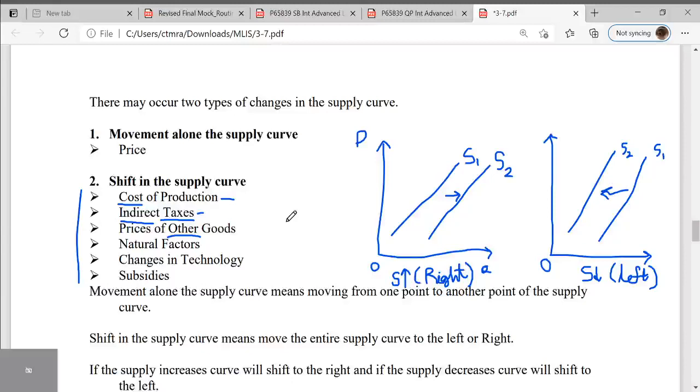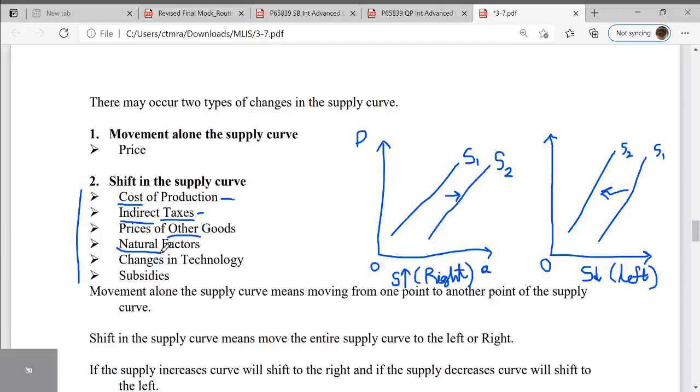Okay. Next, we have natural factors, like think about disasters, like flood or drought. In this kind of natural disaster, the supply will fall, right? And there will be a leftward shift, because think about that. Let's suppose you're producing rice during flood. What will happen?